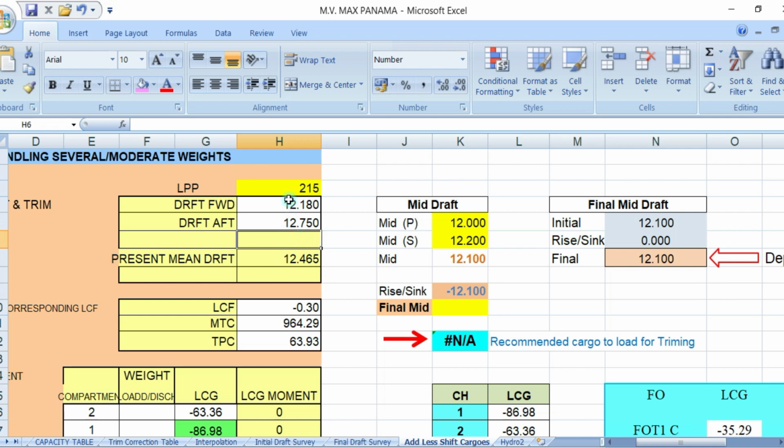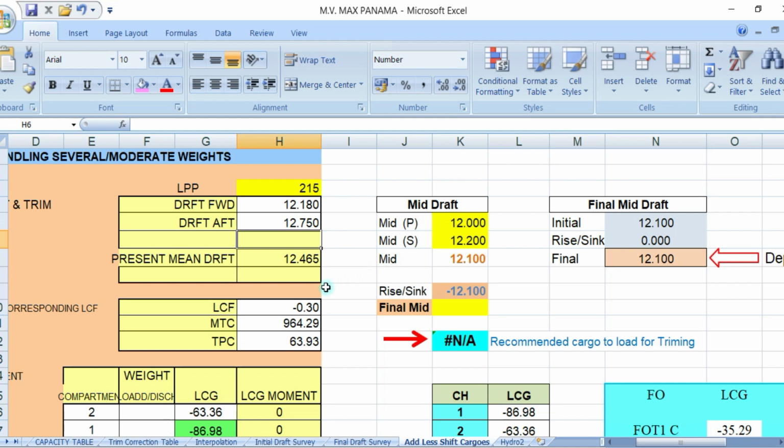Of this initial draft. Now, since we have this initial draft forward and up, it is advised that we should get the actual draft of the midship port and midship starboard.